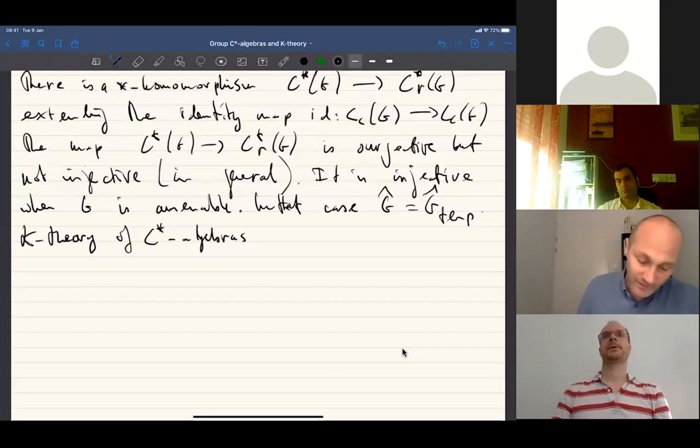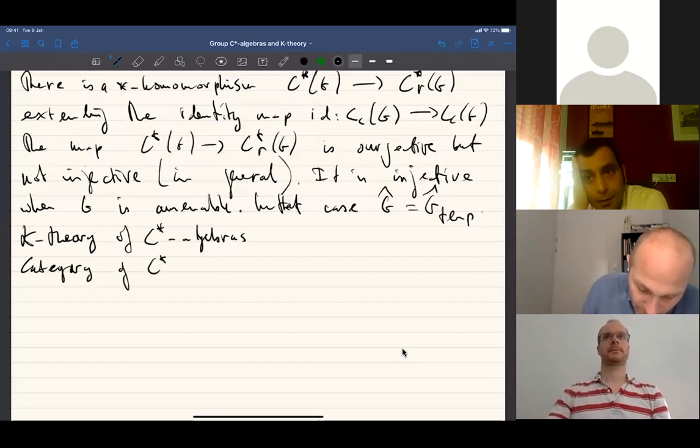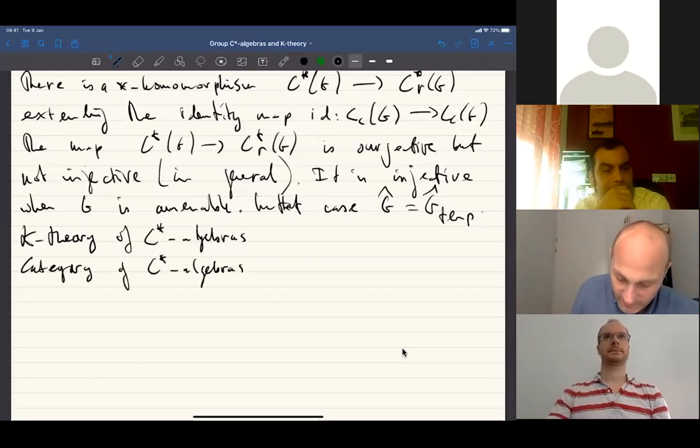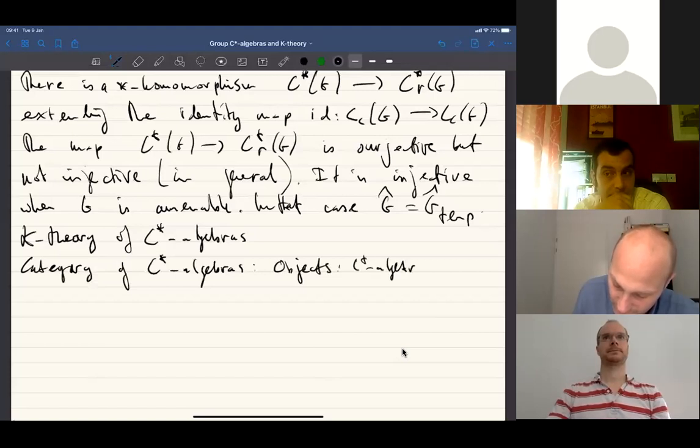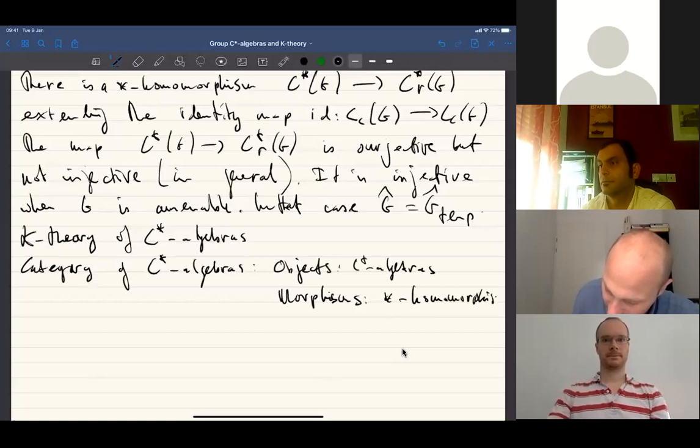So we want to work with a certain category of C-star algebras. Objects are C-star algebras, and the morphisms are star homomorphisms. There's nothing special going on here.